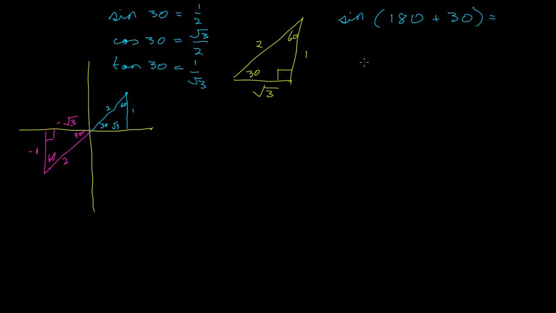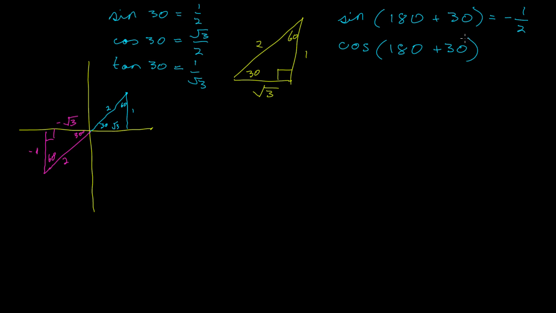So, what is this infamous sine of 180 plus 30? Well, now we can work it out. Opposite over hypotenuse. But this opposite is -1, so it's -1 over 2. The cos of 180 plus 30, what is that?